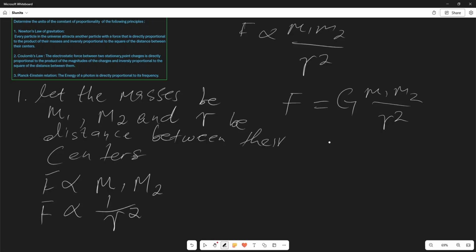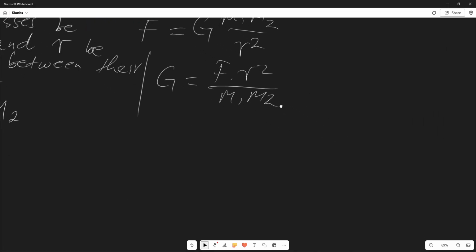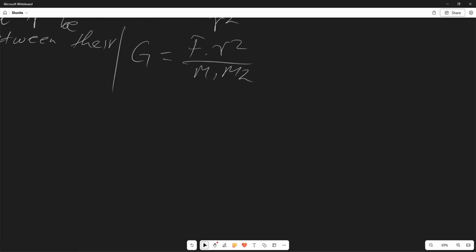Okay. Now the maths way of doing it would be to solve for G being F r squared over m1 m2, and then you substitute the units of the right hand side.